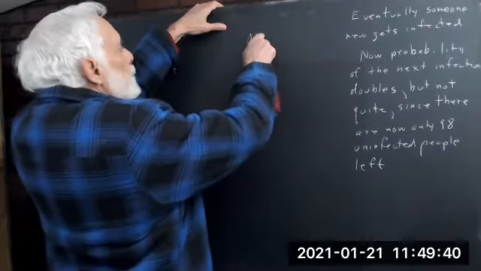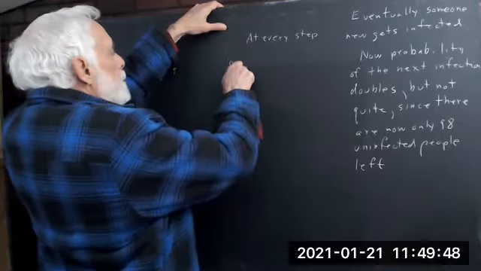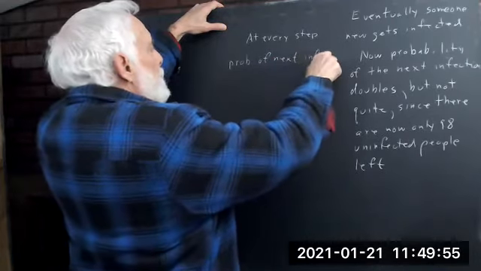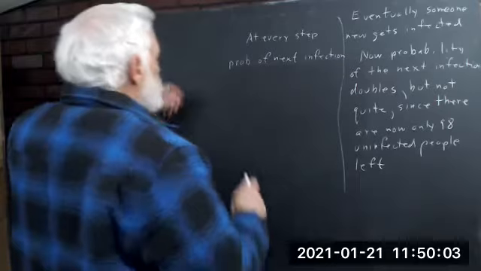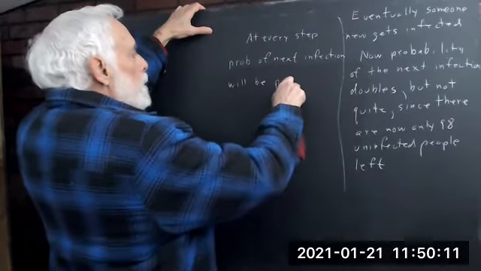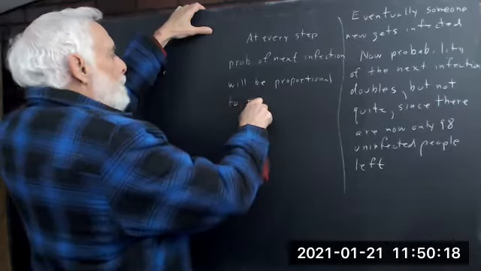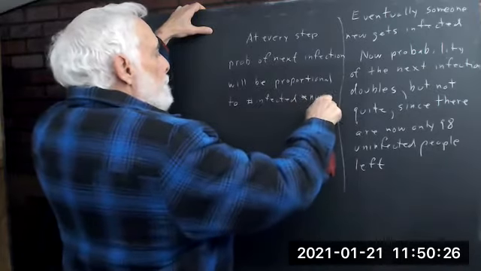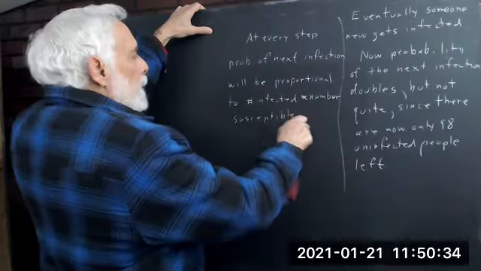I'm going to say at every step, the probability of the next infection is proportional to the number infected times the number susceptible.